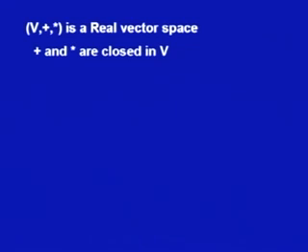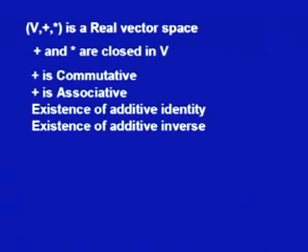The first axiom is that the operations plus and star, we call it scalar multiplication, are closed in V. The addition is commutative and associative.